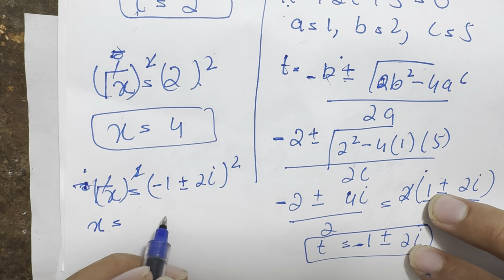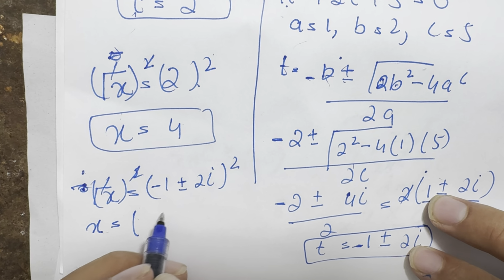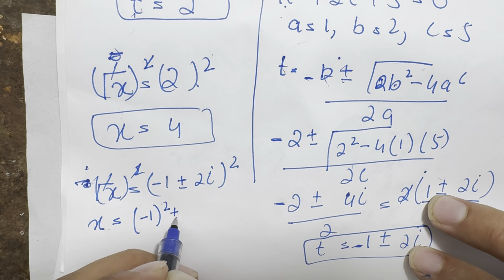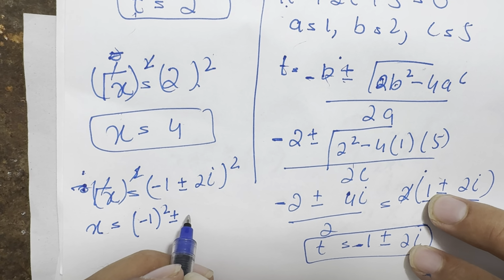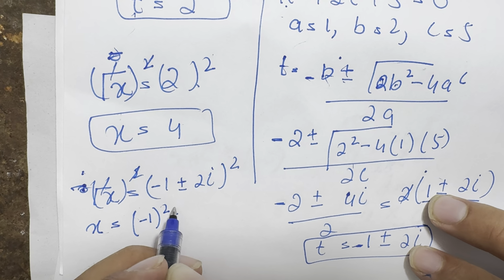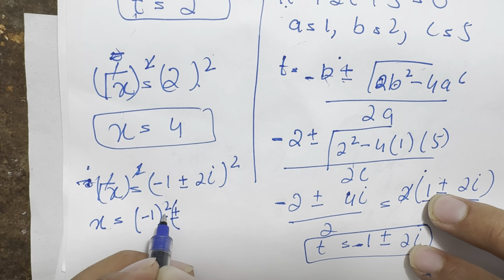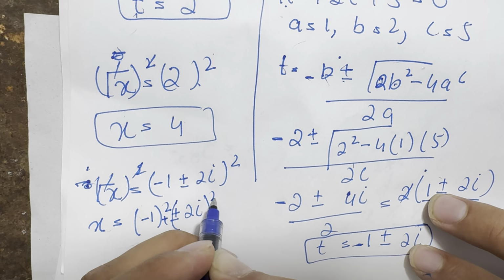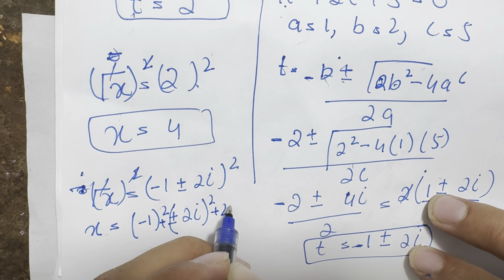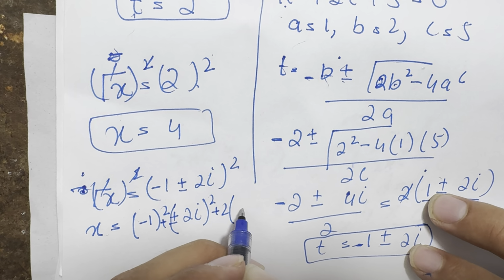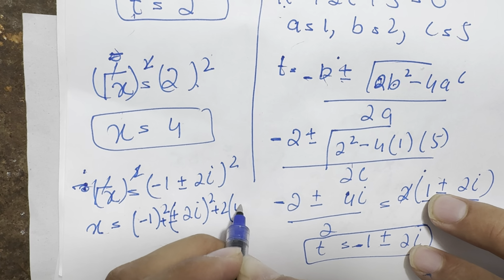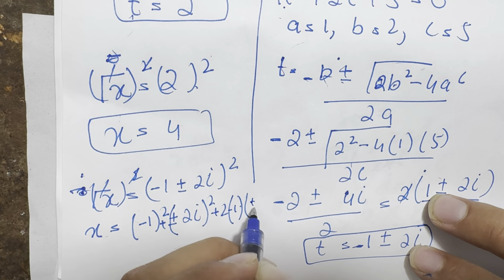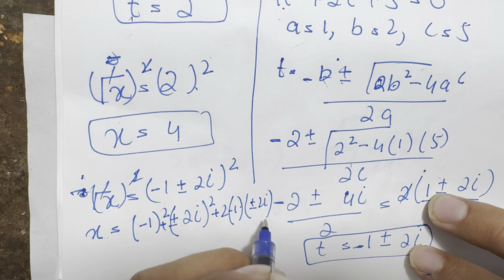So when I square both sides, this cancels with this, it will become x, and this will become minus 1 square plus minus 2 iota square plus 2 into minus 1 into plus minus 2 iota.